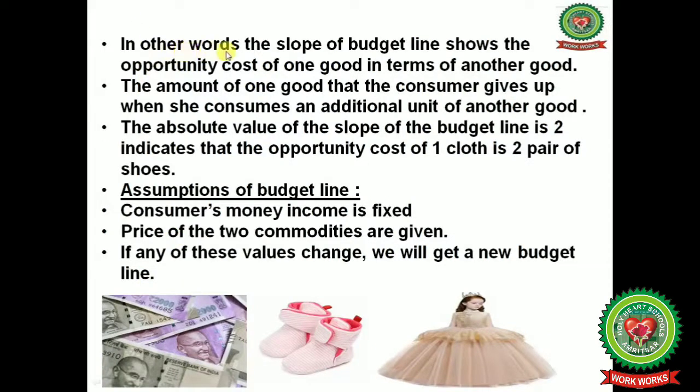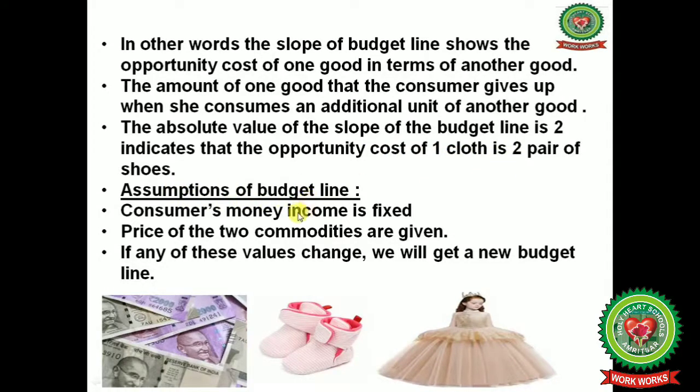In other words, the slope of the budget line shows the opportunity cost of one good in terms of another good: the amount of one good that the consumer gives up when the consumer consumes an additional unit of another good. The absolute value of the slope of the budget line is 2. It indicates that the opportunity cost of one cloth is 2 pairs of shoes.